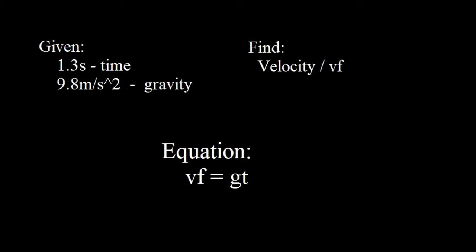Next is 9.8 meters per second squared, and that is the gravity of the Earth. Then let's write the find, and our find is velocity, or Vf. Lastly, the equation, which is Vf equals gt. This way, our solution will be organized and easy to understand.